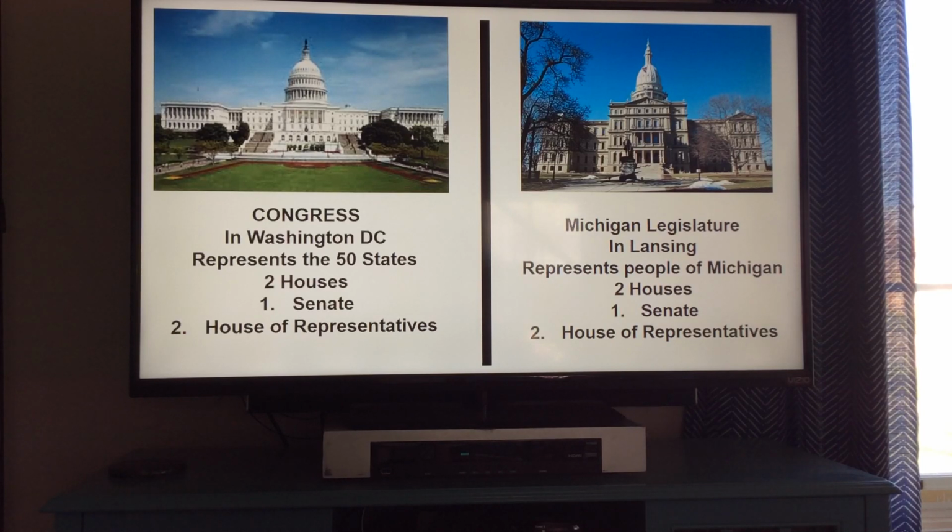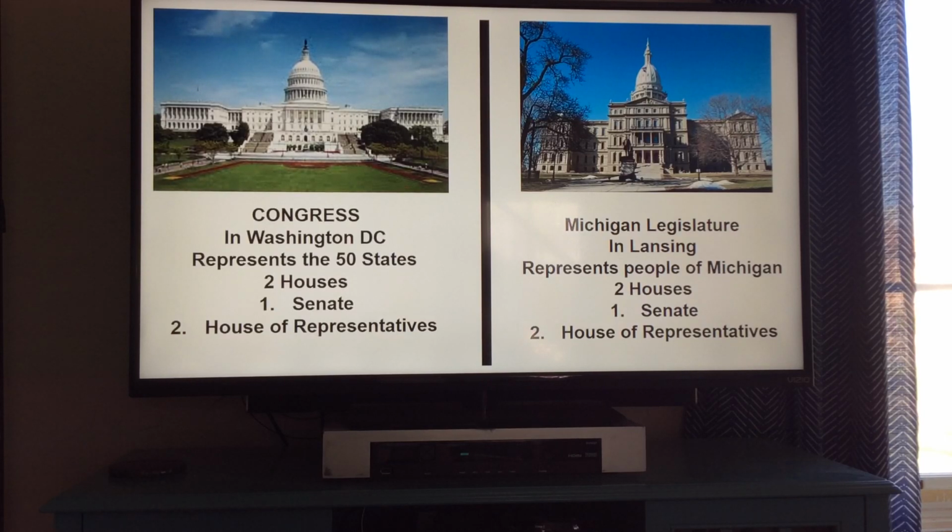Then we have the Michigan legislature, which of course meets in Lansing, and it makes laws that just apply to the state and people of Michigan. But it also has two houses, one called the Senate and one called the House of Representatives. You'll usually hear people say the Michigan Senate, or the Michigan House, or the state senator from Grand Rapids, so that you know whether they're talking about Congress, the national legislature, or the Michigan legislature in Lansing.